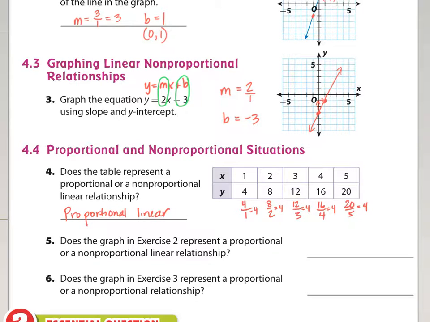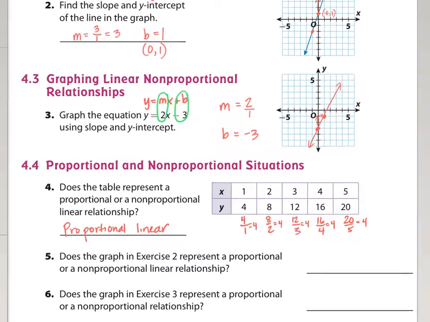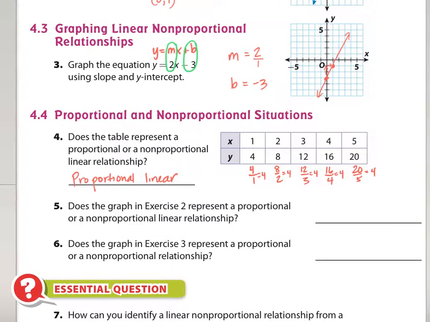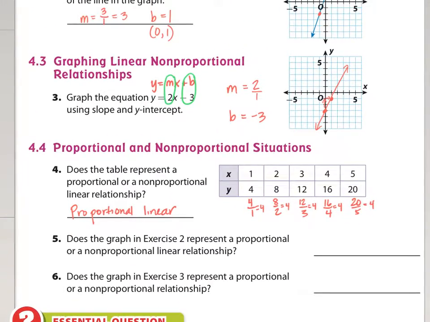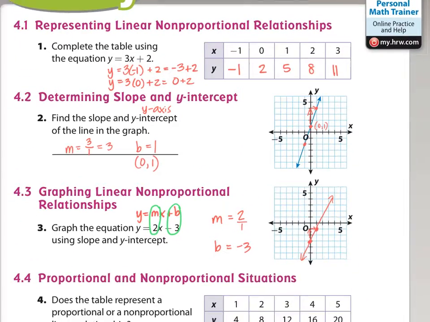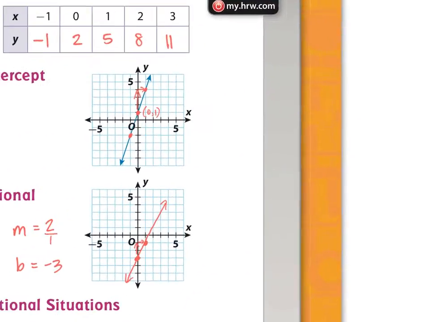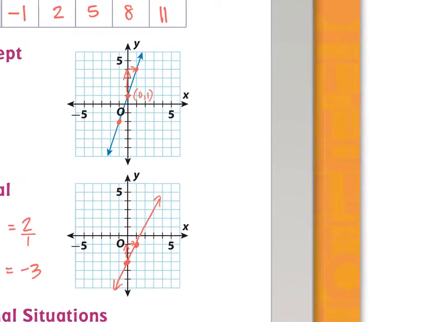Number 5, does the graph in exercise 2 represent a proportional or a non-proportional linear relationship? And then number 6 asks, does the one in exercise 3 represent proportional or non-proportional? So I'm just going to zoom in here and we're going to write it right next to it. So number 2 is the top one. You want to think, is it proportional or not? And it's based on what b is.